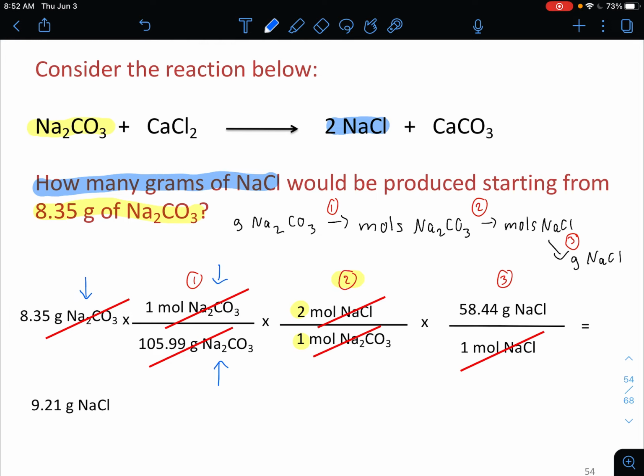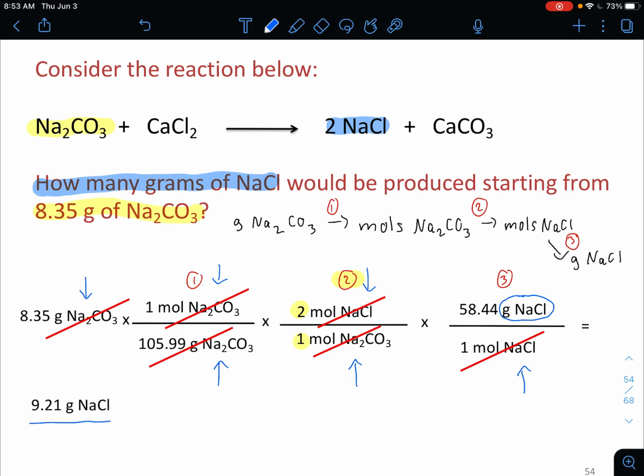Then in my next conversion, it's 2 moles of sodium chloride per 1 mole of sodium carbonate. So now moles of sodium carbonate cancel. And then in the last step, we want to get from moles of product to grams of product. So now moles of sodium chloride cancel with moles of sodium chloride, and I'm left with grams of sodium chloride. When I multiply this all across, I get 9.21 grams of sodium chloride.